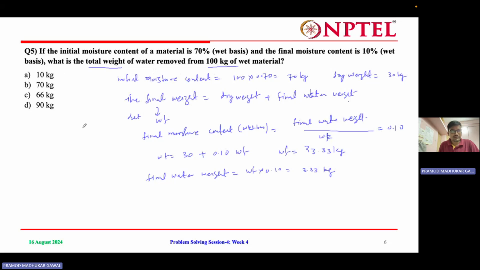So in this question, what is the total weight of water removed from the 100 kg of wet material? The initial water is 70 kg.